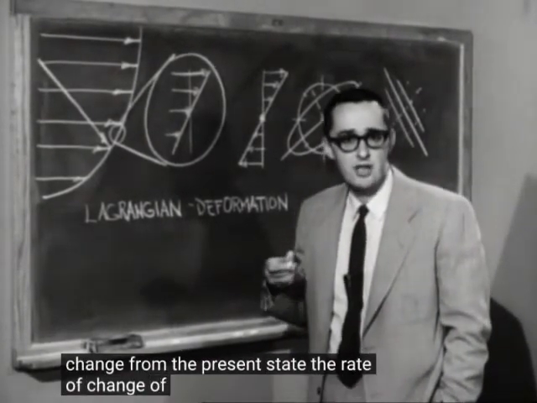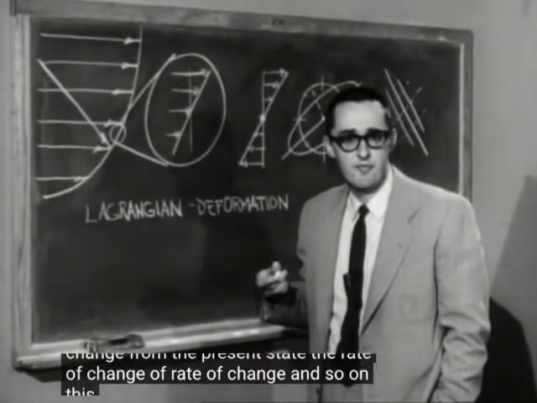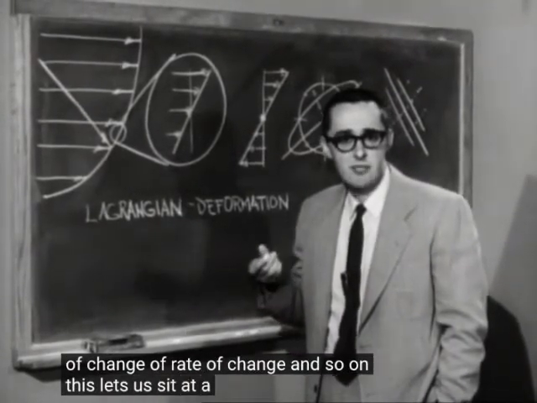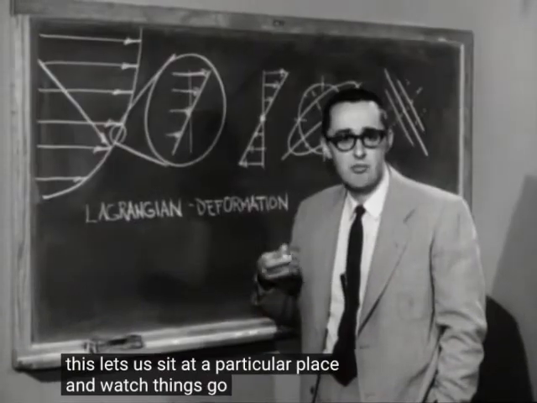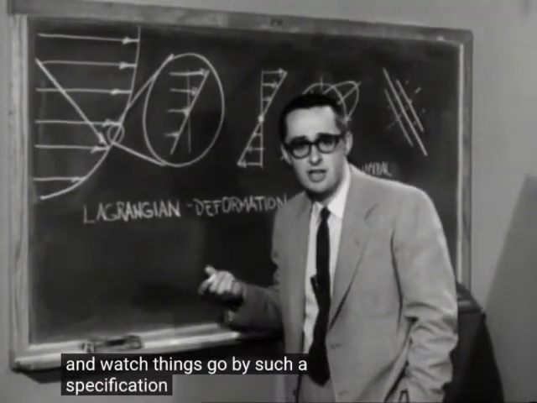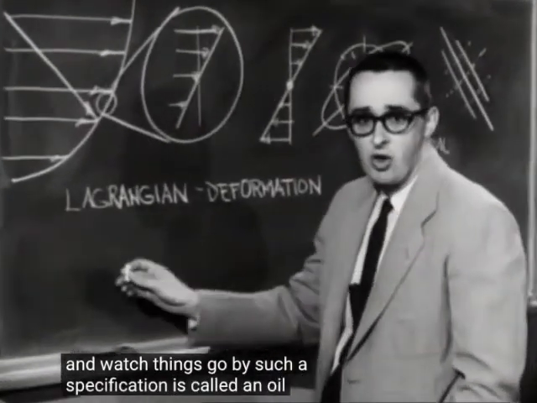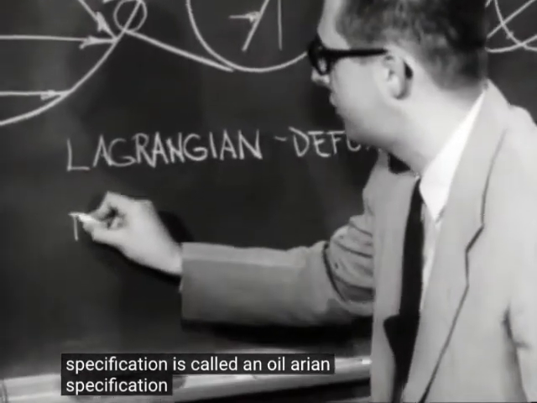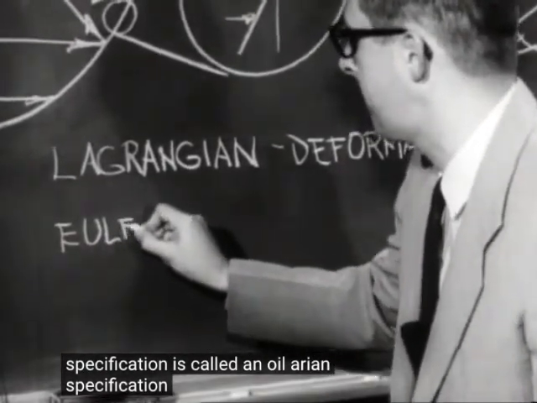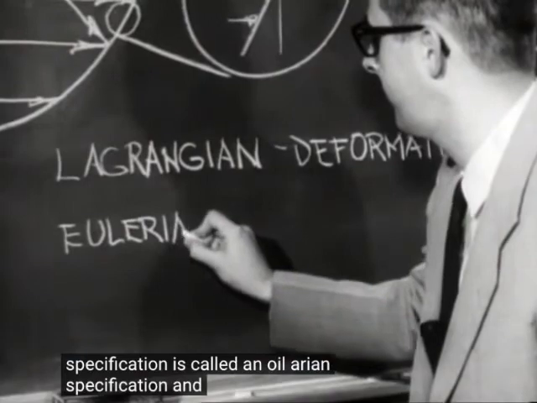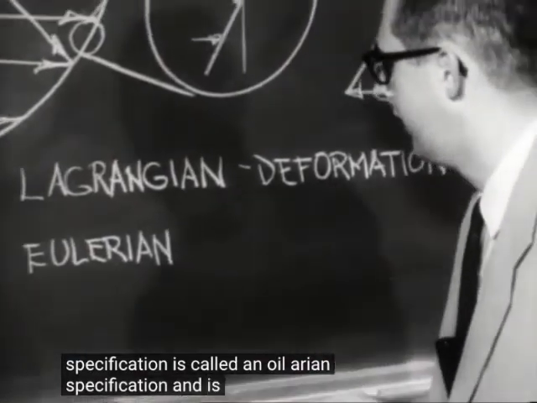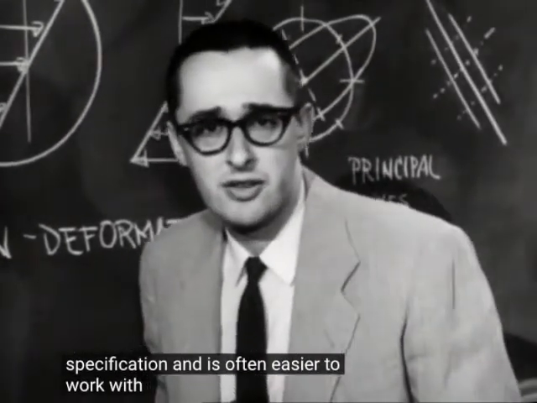This lets us sit at a particular place and watch things go by. Such a specification is called an Eulerian specification, and is often easier to work with.